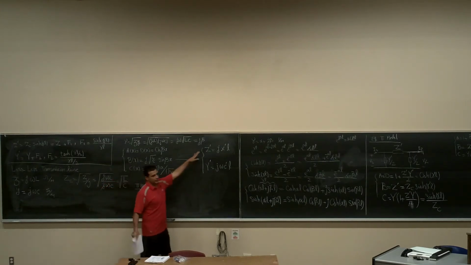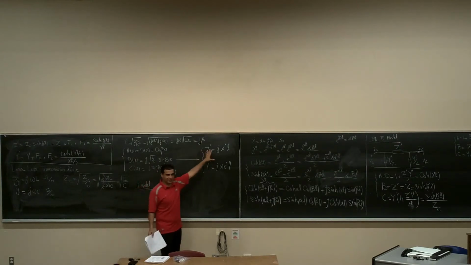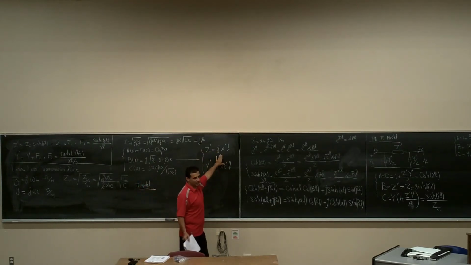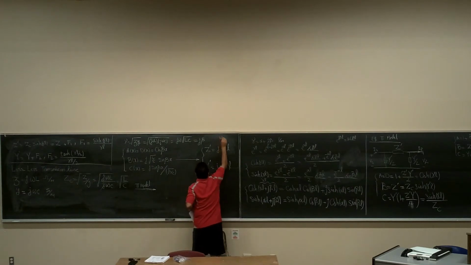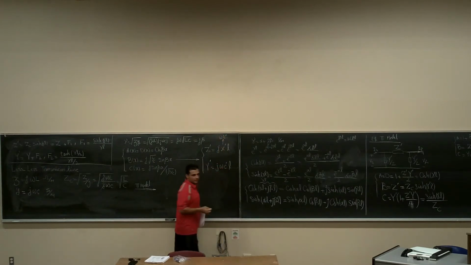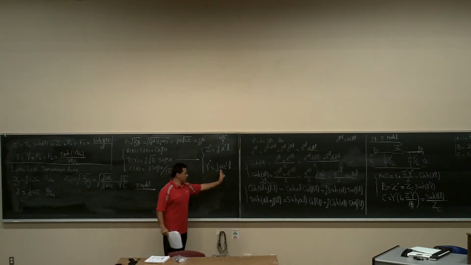So basically here, first we say when it's lossless, it's going to be jX prime L, and X prime is omega L prime. This one is going to be j omega C prime.